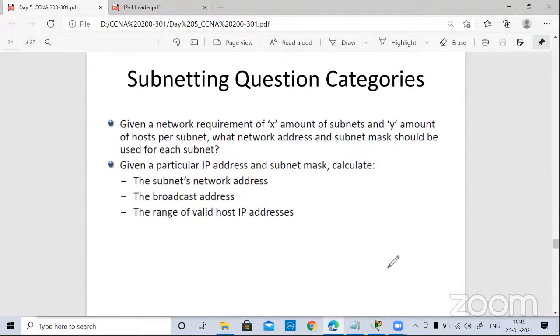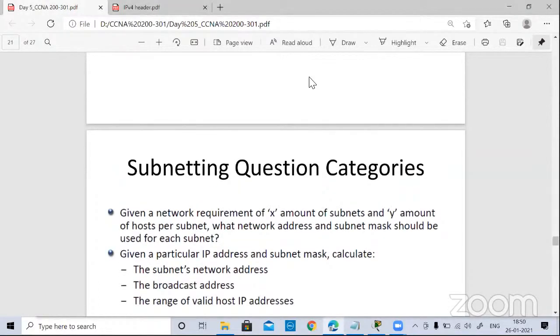So what should be my network address? What should be my subnet mask? Or I will be given an IP address and asked to calculate the network address, the broadcast address, and the range of IP addresses. This is the category of questions that will come up in subnetting. Now, I guess it is pretty simple for everyone to know what subnetting is and why we need subnetting.